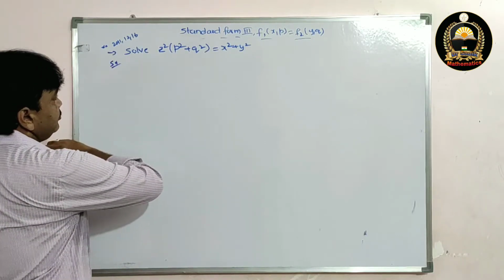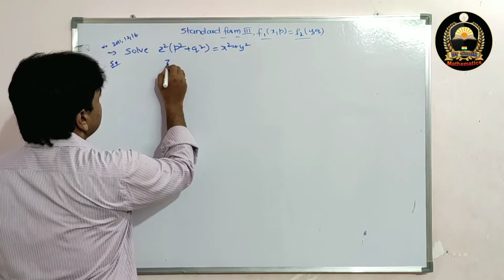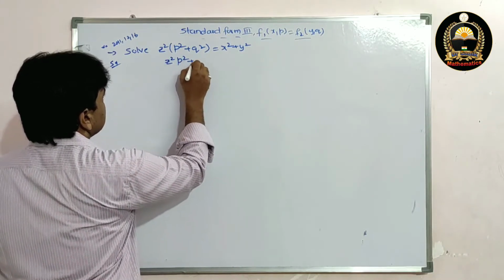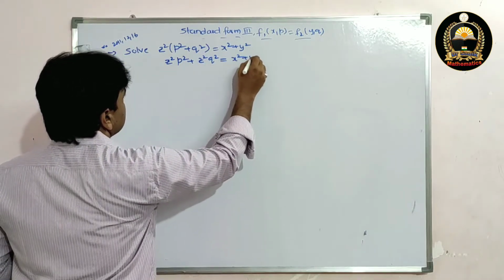Solution. Multiply with z square students. I get z square into p square plus z square into q square that is equal to x square plus y square.